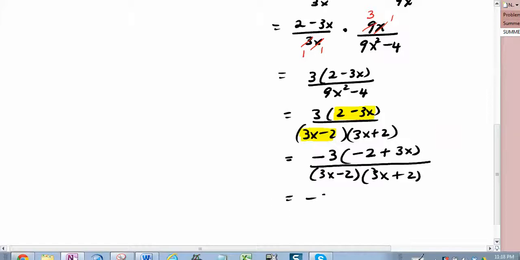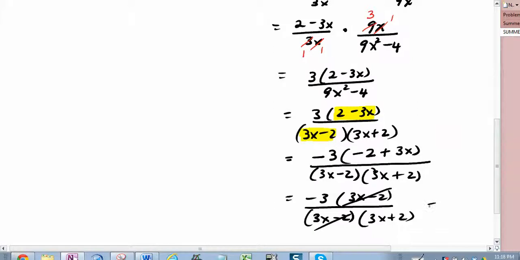I get negative 3, and that second factor really is 3x minus 2. And now after I do this, I can see that those factors cancel, and I have a final answer of negative 3 over 3x plus 2, and we are done.